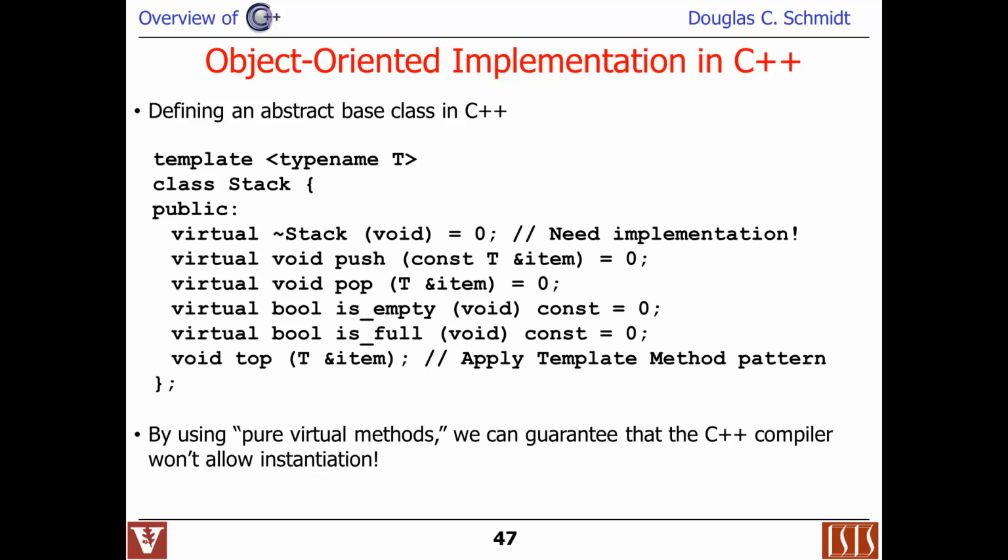So virtual methods are dynamically bound methods, and that means they're selected at runtime based on the type of the object that's being invoked. And pure virtual methods, which is what equals 0 are, are methods that are not necessarily defined in the base class, but they're obligations that must be eventually defined by some subclass before you can instantiate an object of that type.